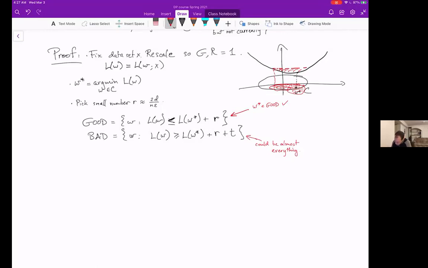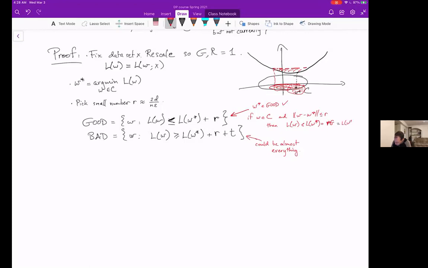So if I've got some vector W that's in C and it is within distance little r of W star, then the loss at W is at most loss of W star plus r times g, which I've taken to be 1 here.